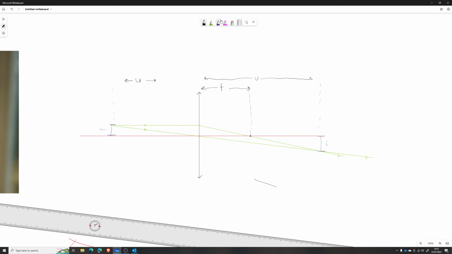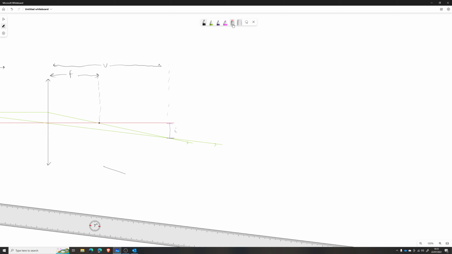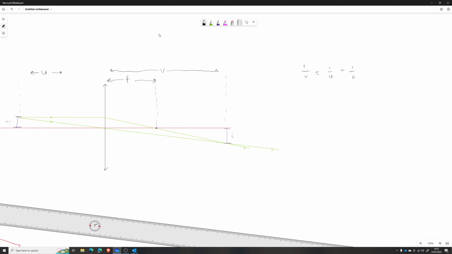And my lens equation is that 1 over v equals 1 over u plus 1 over f. My magnification equation, if I apply this to this setup, I could say that I divided by 1 centimeter must be equal to v over u.